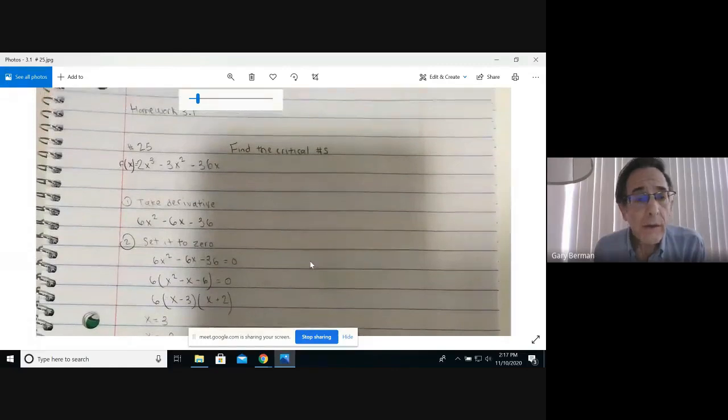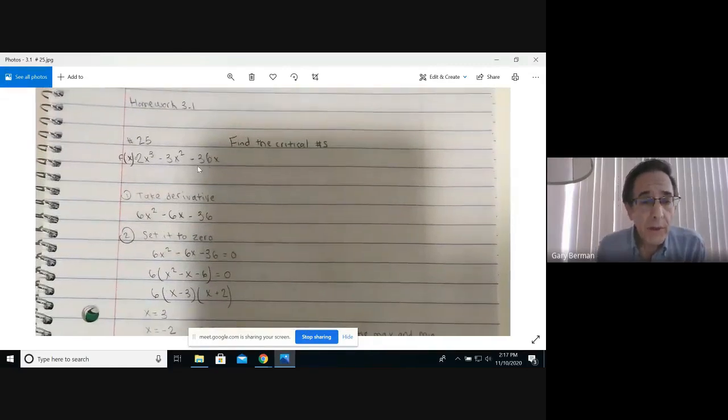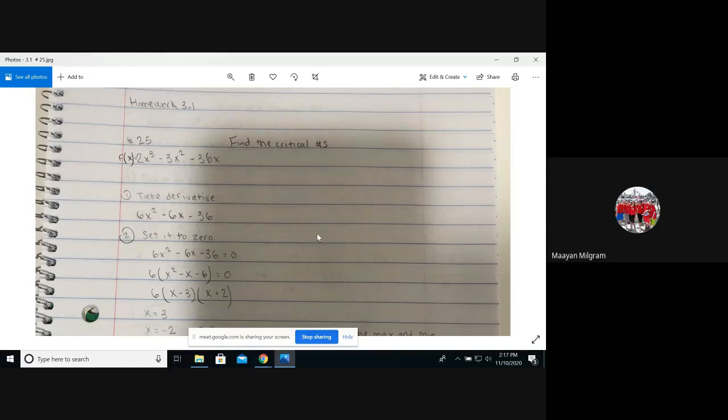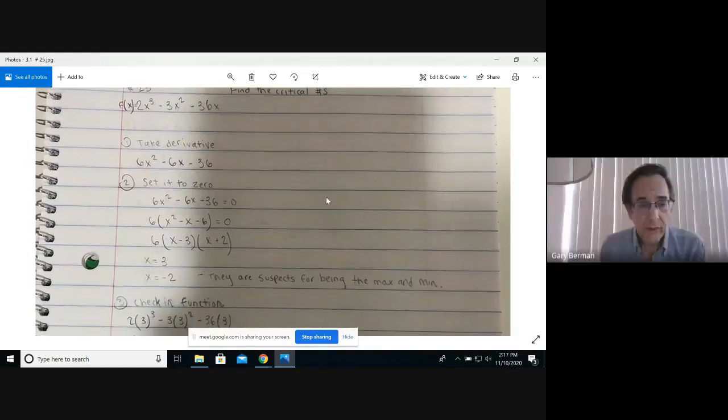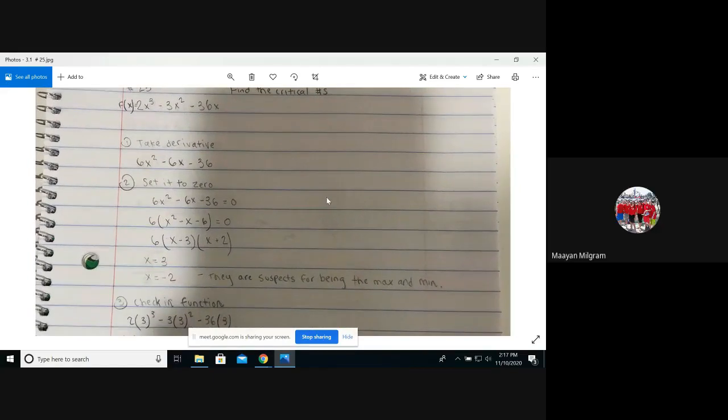All right. Okay, so here in 25, they gave you this function. They want you to find the critical numbers. So what did you do for this? So first, what they gave you was 2x to the third minus 3x squared minus 36x. So first I took the derivative of that whole thing, which got me 6x squared minus 6x minus 36.